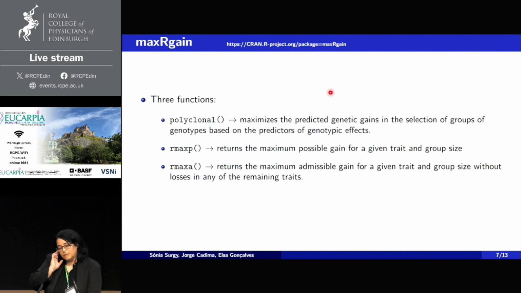So to make it easier to apply this method, we developed the package maximisation that is now available on CRAN and has three main functions. The polyclonal, which implements the method in its full formulation. The Rmax-P, that computes the maximum possible gain, and Rmax-A, the maximum admissible gain.